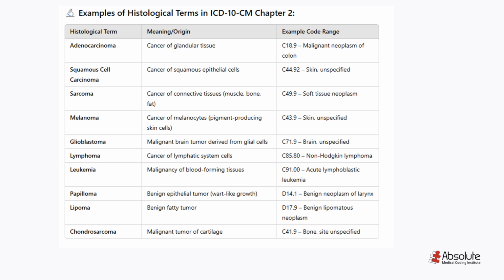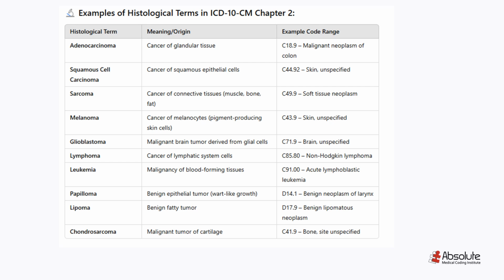A histological term basically clarifies or includes cellular characteristics of a tumor. In fact, it further specifies if the cancer is benign, in situ, malignant, etc. It'll go beyond that classification.